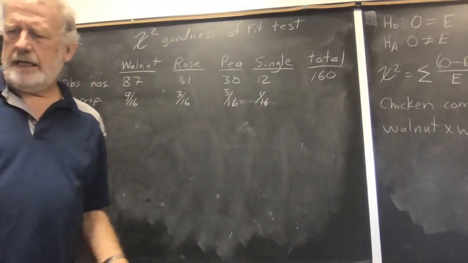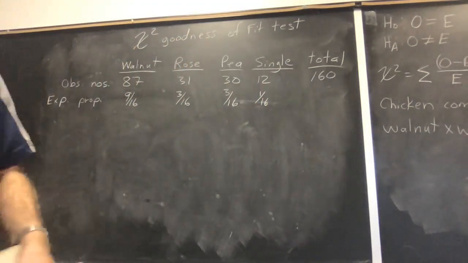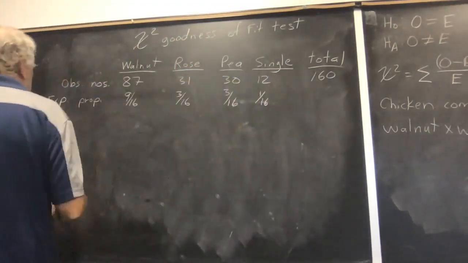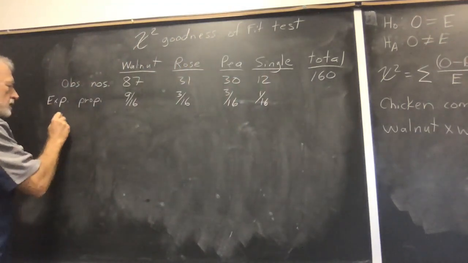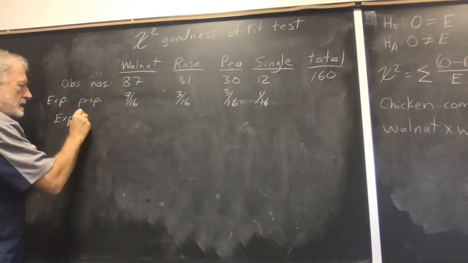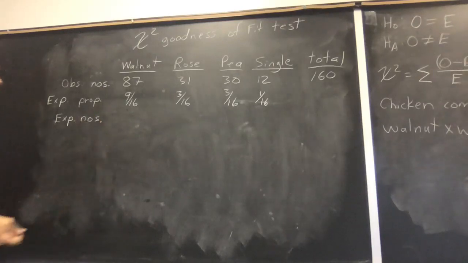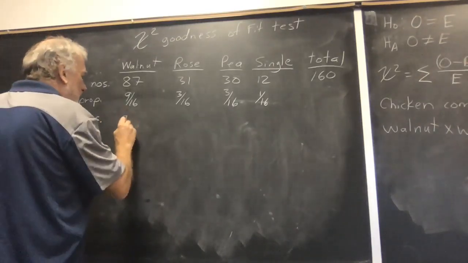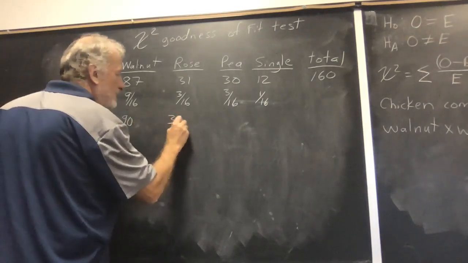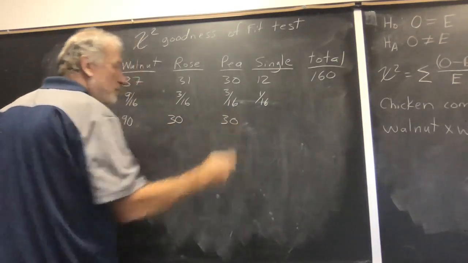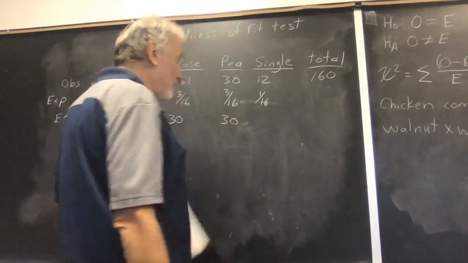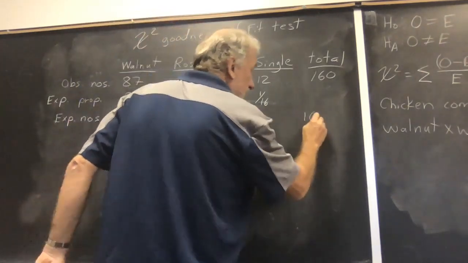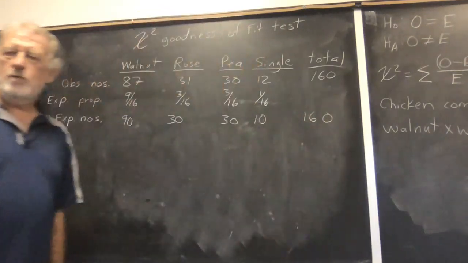Now what we do is multiply our fractions by our total to get our expected numbers. 9/16 times 160 is 90. 3/16 times 160 is 30, and 1/16 times 160 is 10. Add them up, and they come out to be 160.